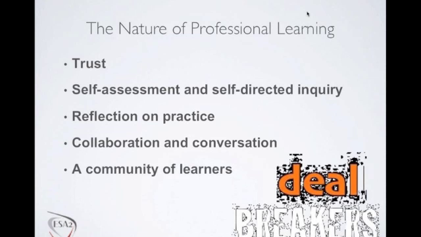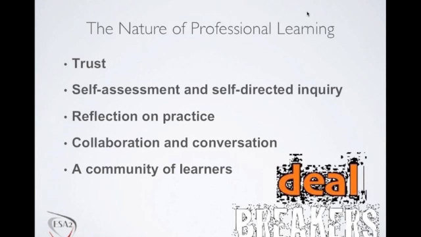If these things are not in place in your building, they really need to be prior to trying to implement a framework like this, because the success of the framework hinges on these elements.